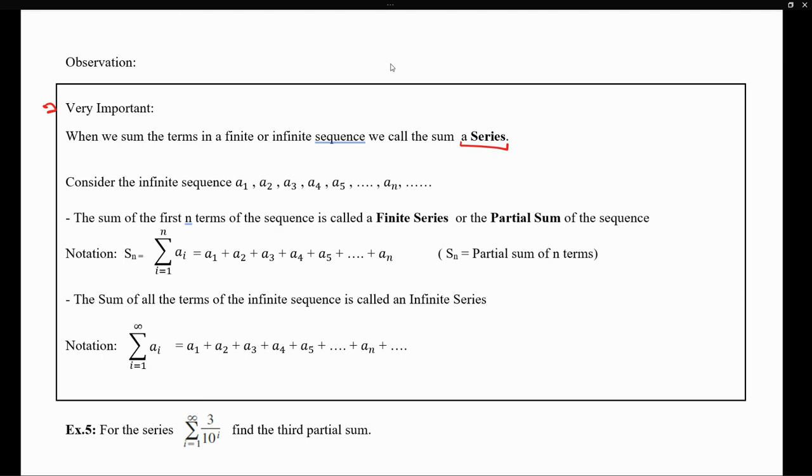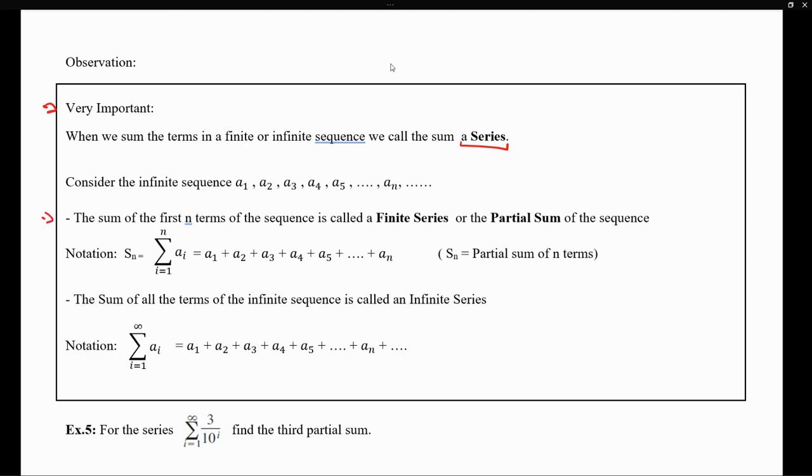But today we're going to just talk about something more fundamental. Just recall here, when we sum the terms of a finite or infinite sequence, we call that a series. So a series is the sum of a sequence. Now, let's consider an infinite sequence, just for argument. So here we have an infinite sequence.